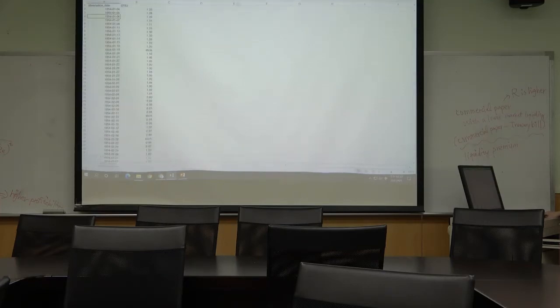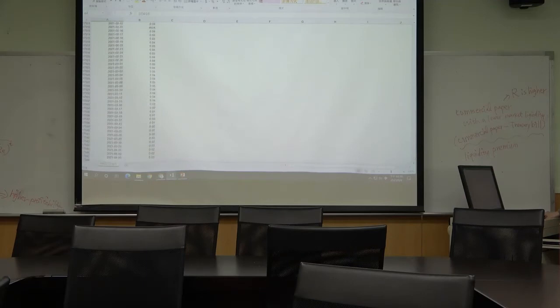The third one, the file name is DTB3. This is the daily Treasury bill rate. The maturity is 3 months, the observations start from 1954, and the last observation is April 5th, 2021.